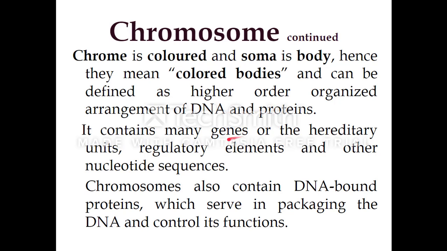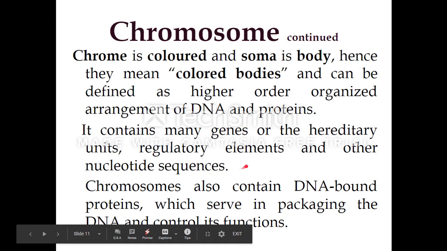It contains many genes or the hereditary units. Genes are otherwise called hereditary units and regulatory elements which regulate many metabolic reactions or the many processes inside the cell, and other nucleotide sequences.